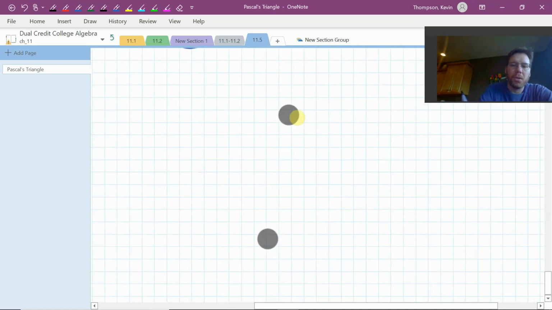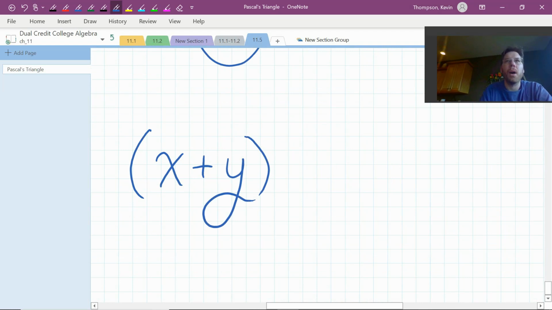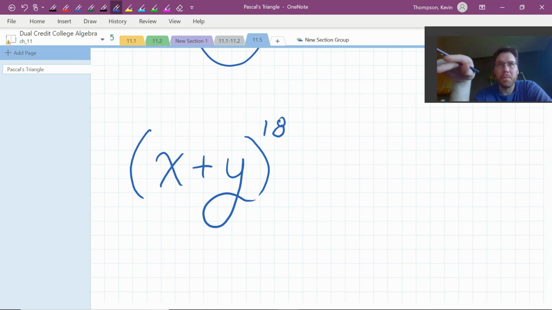that means you could do this. Suppose I want to multiply out x plus y to the, let's say, 18th power. Now, what if I don't want every row? I don't want that tedious of writing that all out, so I'm not going to do that.